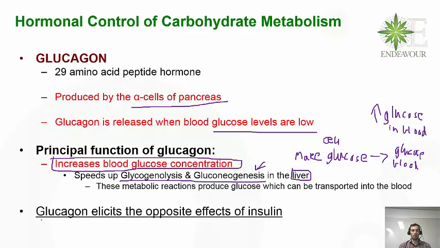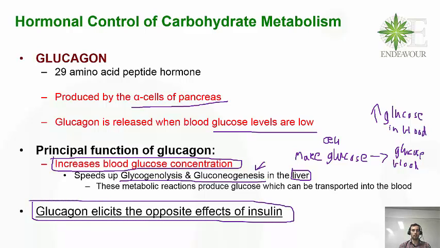So essentially, the glucagon hormone is eliciting the opposite response to the insulin. Glucagon will increase the metabolic reactions that make glucose, so we can take the glucose out of the cell, whereas insulin will actually increase the metabolic reactions that utilize glucose, so it's using glucose either for storage or to generate energy.